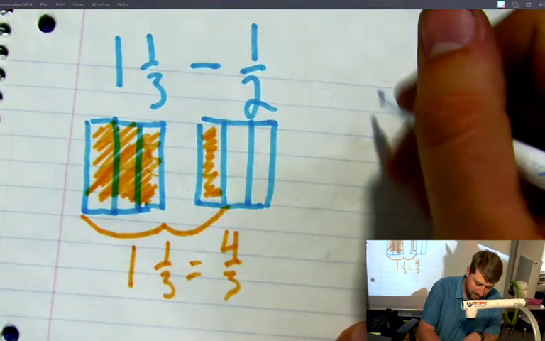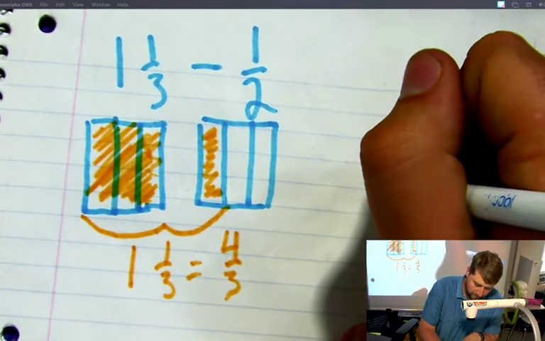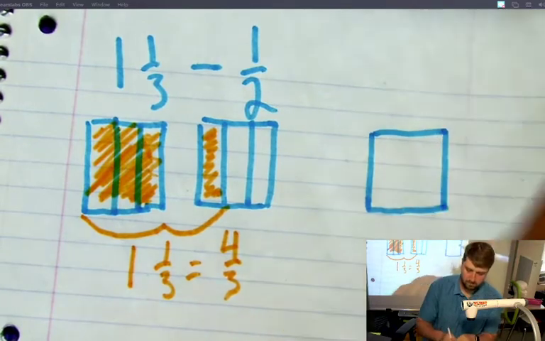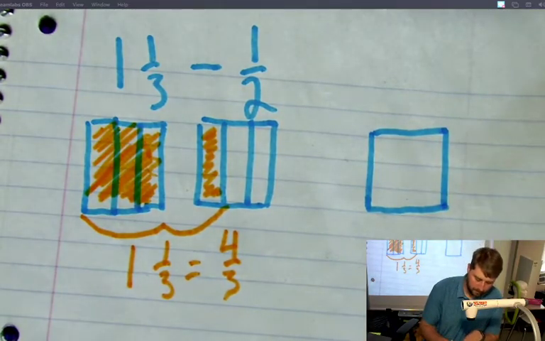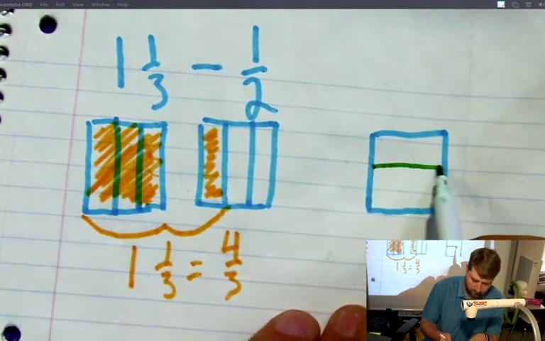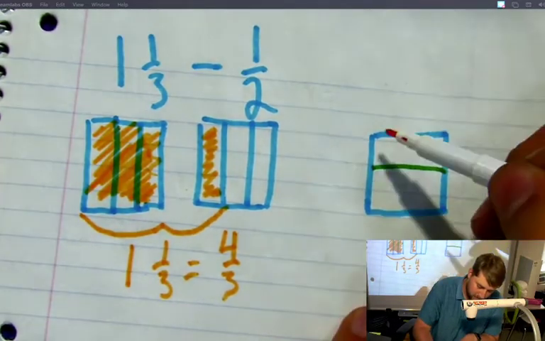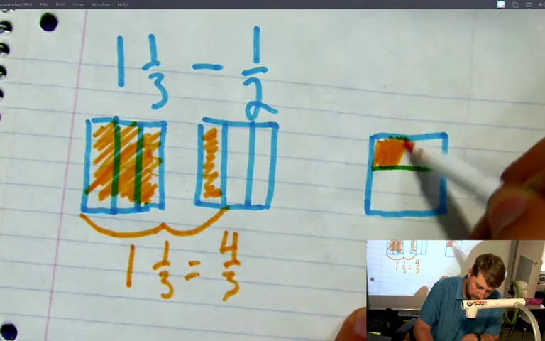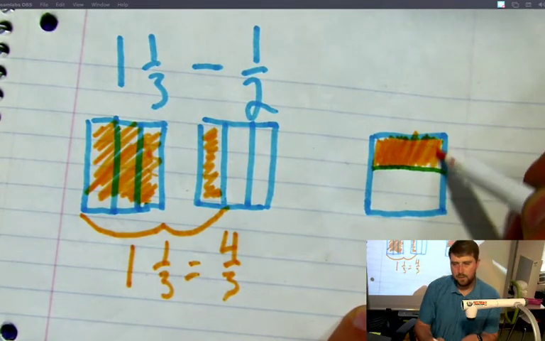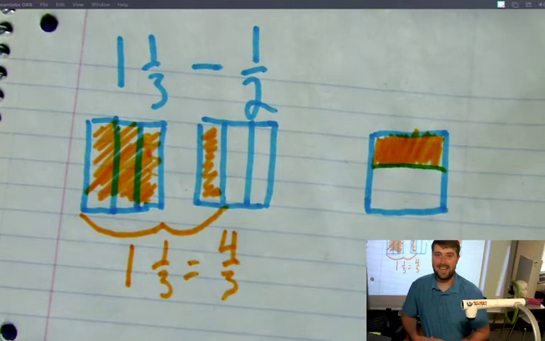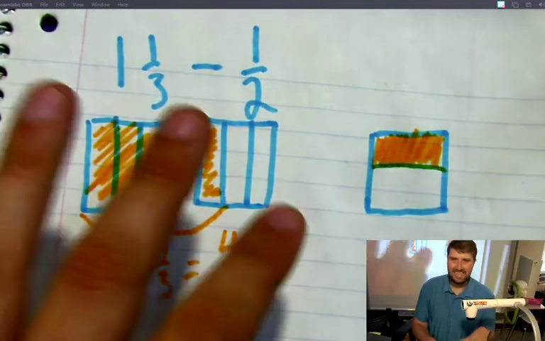So then I'm going to draw my 1/2 off to the side here. And I'm going to shade in 1/2. Now, just like when we were subtracting fractions last week and adding fractions last week, we know we need like units.